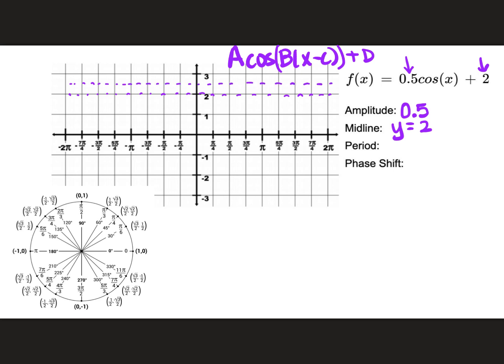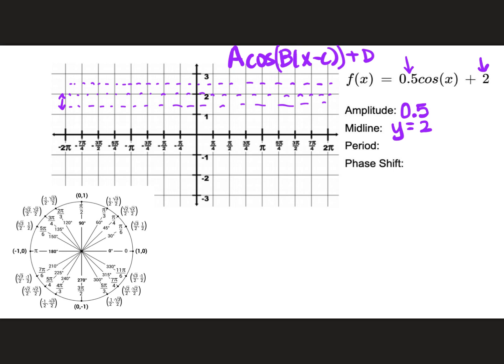And from +2, we're going to go down 0.5, so that'll be at 1.5. So your amplitude is this distance here between the midline and the minimum, or the midline and the maximum, and the midline is that horizontal line that runs through the middle.